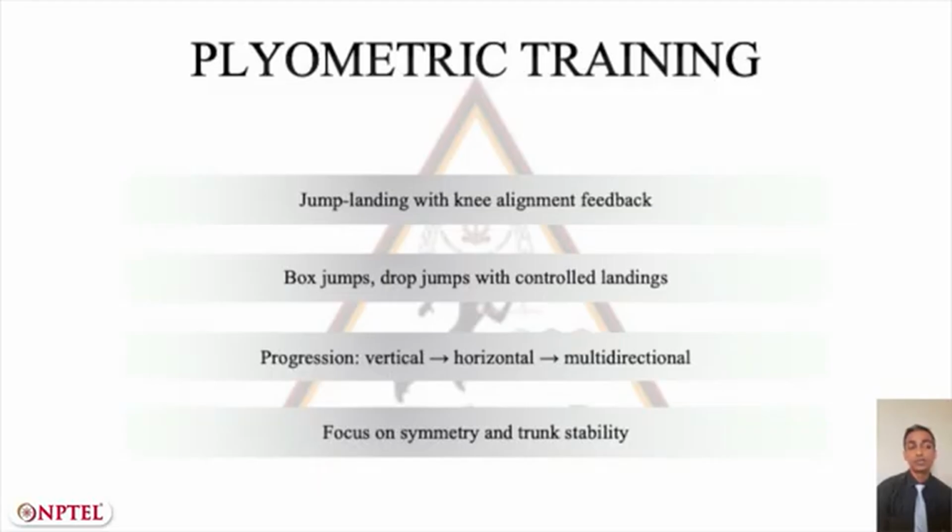We start with low intensity plyometrics like skipping a jump rope or jump squats before gradually progressing to more demanding plyometrics like obstacle jumps, vertical box jumps, etc. We subsequently progress to more sport-specific movements like horizontal bounds and finally to multi-directional hops, something which is replicated in a sport like football, basketball, volleyball, hockey, etc. The focus while performing plyometrics is on knee alignment without valgus collapse.